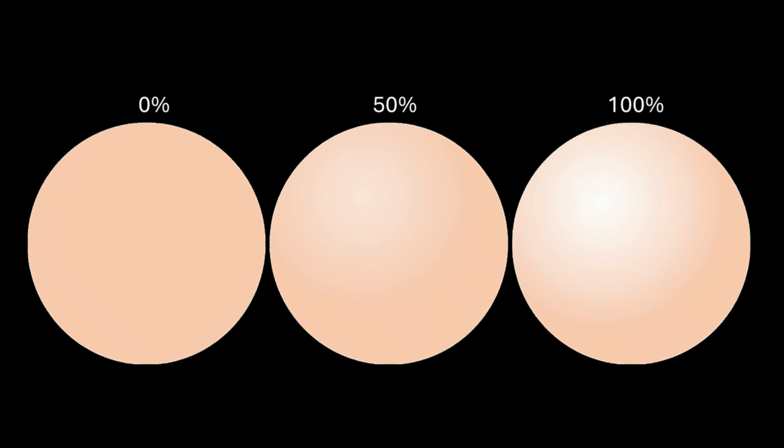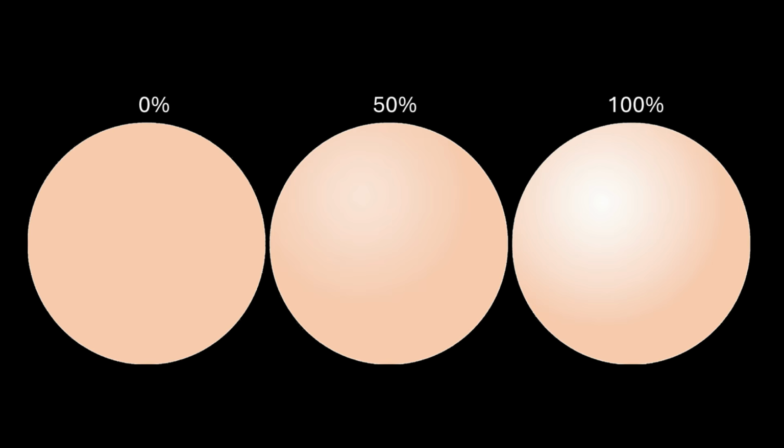If we take a sphere and put it under a light source, the more contrast is transferred by the lens, the more three-dimensional it will look. At 0% contrast it will look like a circle, entirely flat.